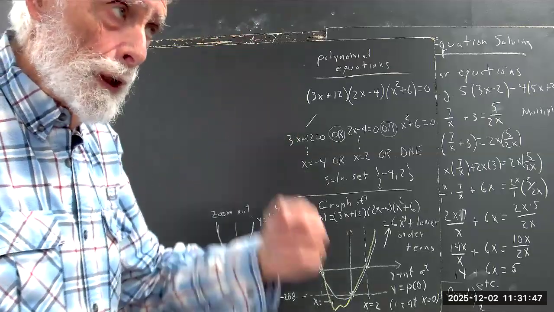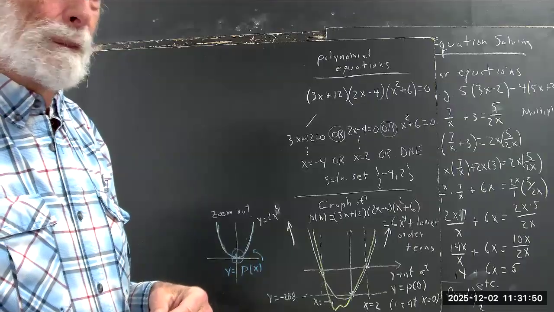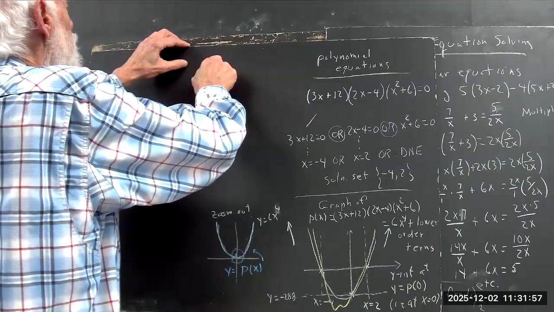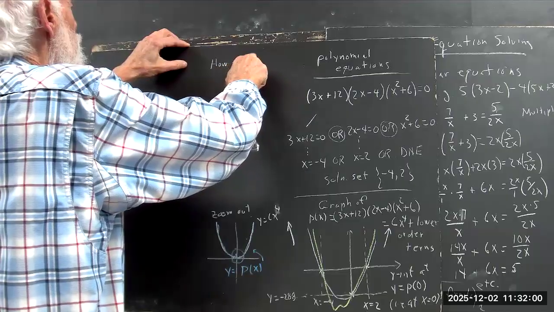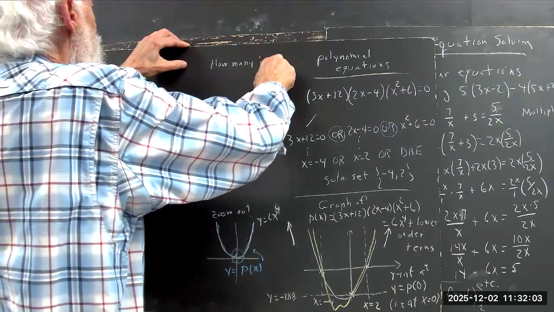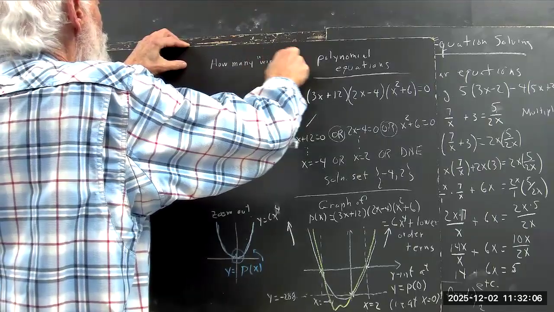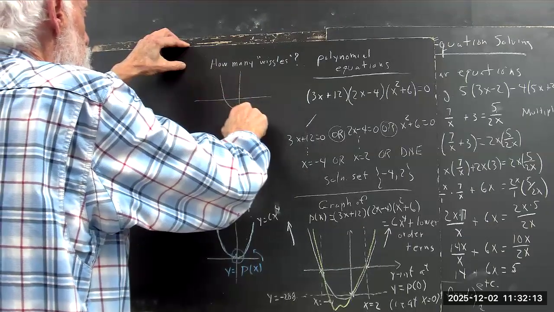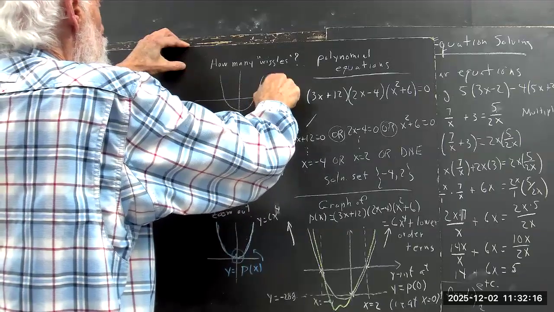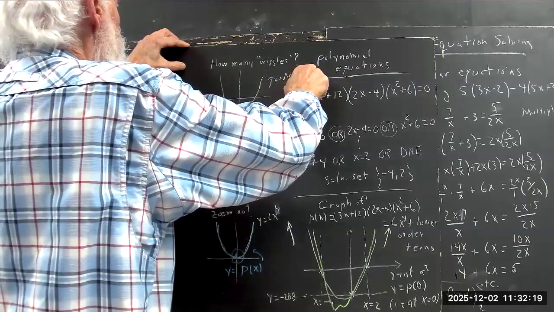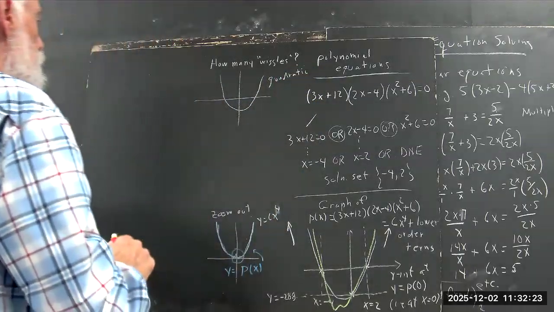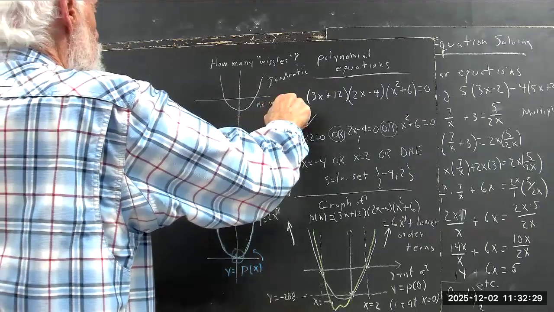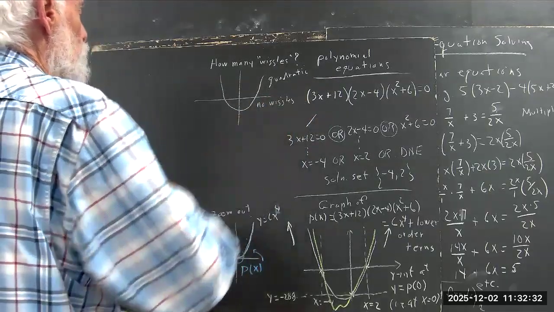You know, if you have a quadratic function, it's got a parabolic graph. I'm going to call that, it doesn't wiggle.